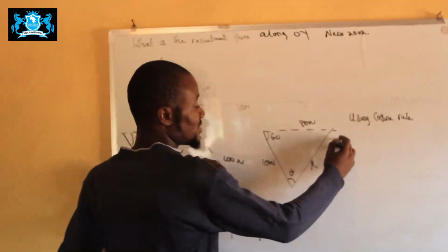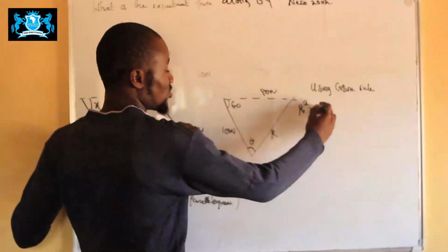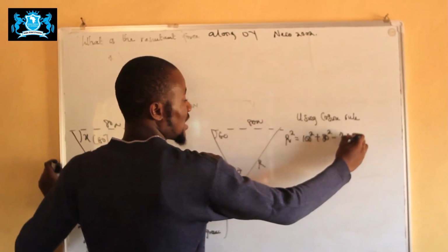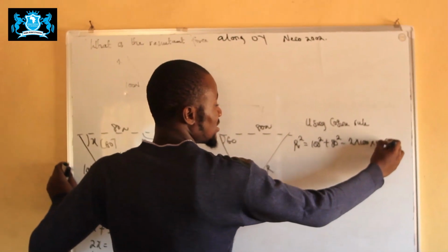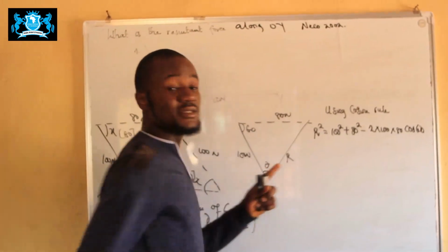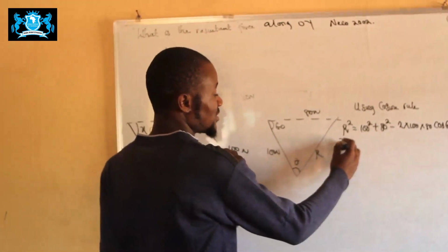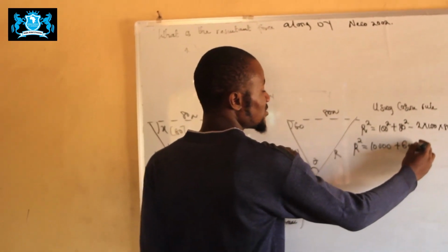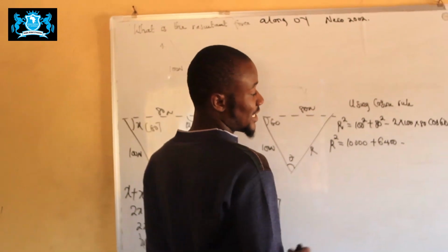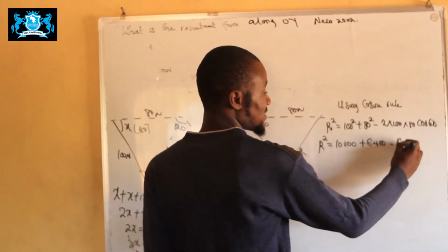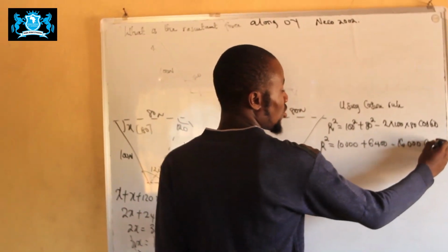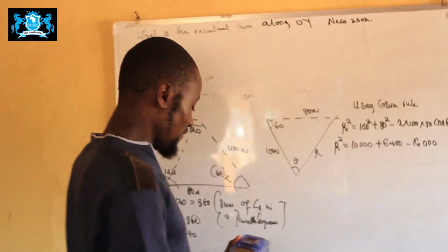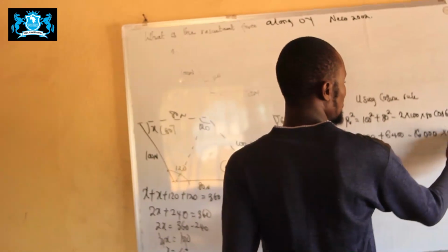And the cosine rule says that R squared is equal to 100 squared plus 80 squared minus 2 times 100 times 80 times cos 60. So R squared is equal to 100 squared, which is 10,000, plus 6,400 minus 2 times 8, which is 16,000, times cos 60.